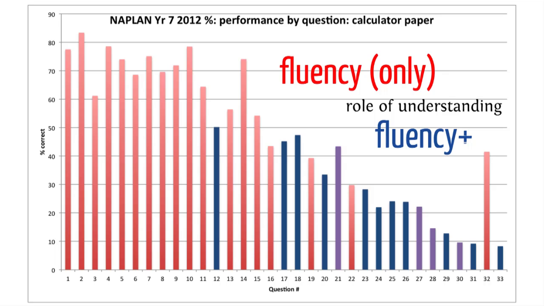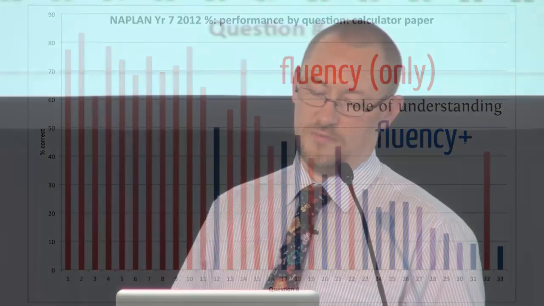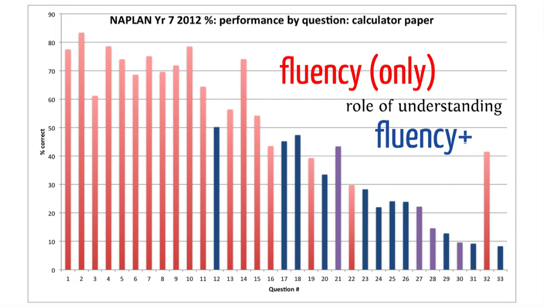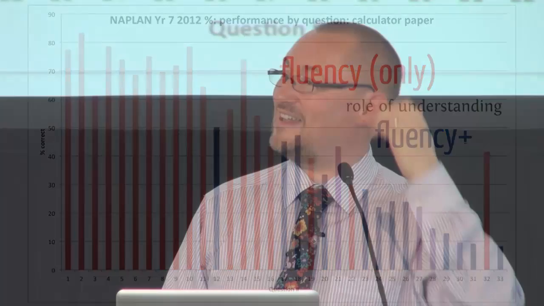So we're seeing this slope going down. The scale goes from 90% at the top to 0 at the bottom, and as we go across we get fewer students being able to answer the questions correctly. And of course as we get towards the end, some students aren't even attempting those questions because they've not got to them, so you'd expect that sort of thing.